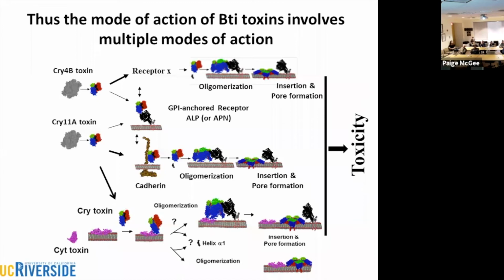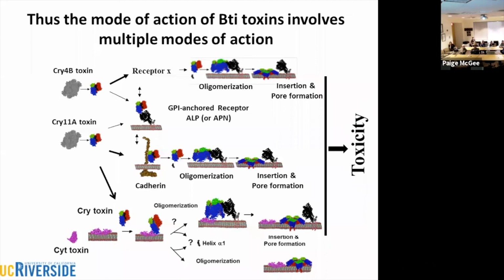We do not know whether there's any synergism between the cry4B and the cry11A, but there are different mechanisms that occur. So if resistance occurred, for example, in Lepidopterans against the cadherin molecule, it would not develop resistance in this particular case because there are alternative modes of action and there are different ways that the toxin could work.